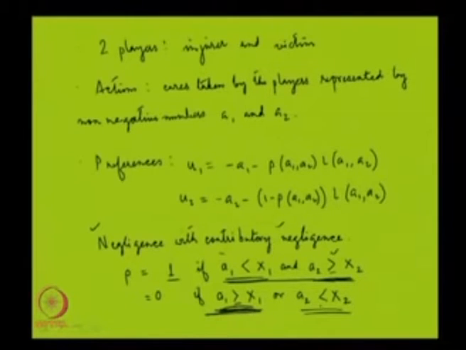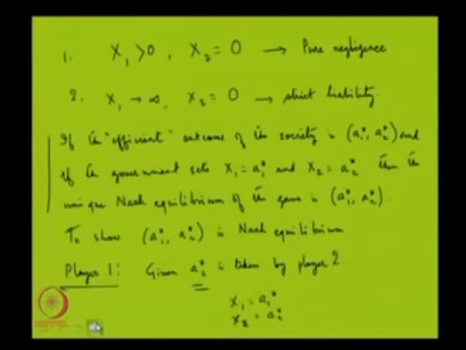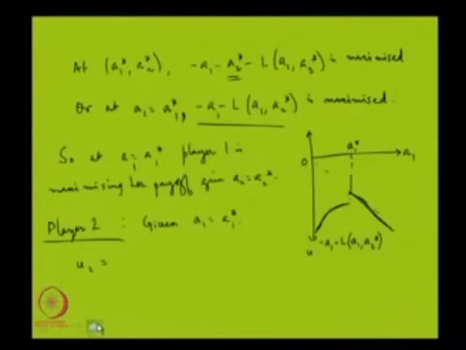So, player 1 is sufficiently careful. In that case, the compensation that player 2 gets is 0. So, I do not have two ranges like I had for player 1, it will be just minus A2 minus L A1 star and A2, because A1 is equal to A1 star.